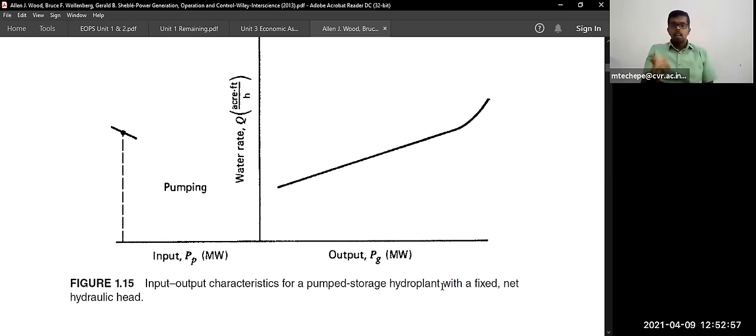Normally in our house, for pumping from 20, 40 or 50 feet, we use a 3 HP or 2 HP motor, sometimes 1 HP. In apartments, they go for 3 HP or 5 HP motors, because there will be five-storey or ten-storey buildings.